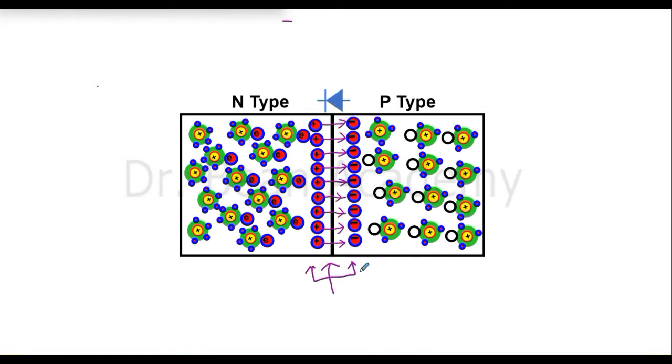Negative charges are accumulated at the edge of p-type, and as a result, positive charges are developed across the edge of n-type. An electric field is set up, and this electric field stops the diffusion of further electrons. If they want to go to this side, they can't, because now an electric field is set up. This is how the diffusion works.